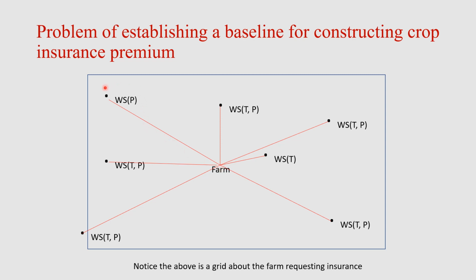This one here provides only data on precipitation. This one on temperature, precipitation, as do these other ones. And then one only provides information about temperature. So how do we use this to determine a premium, say, for a farm that requests insurance and is located at that particular point?